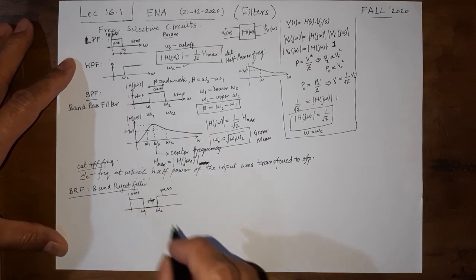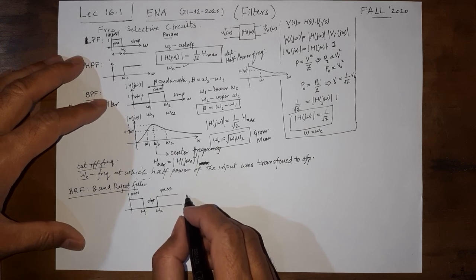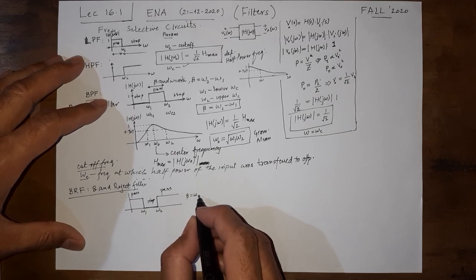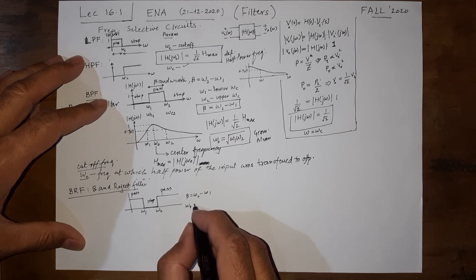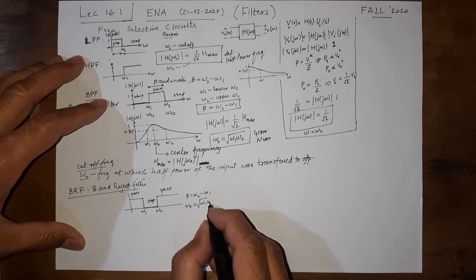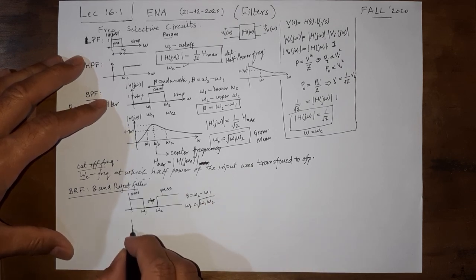Omega 1, omega 2 are still the cutoff frequencies exactly by the same definition. We still have the bandwidth equal to omega 2 minus omega 1, and we still have omega naught equal to the square root of the product of omega 1 and omega 2. And for a practical circuit, it would be something like this.